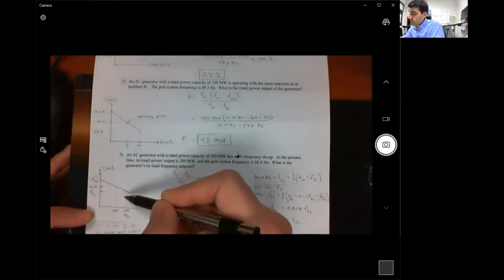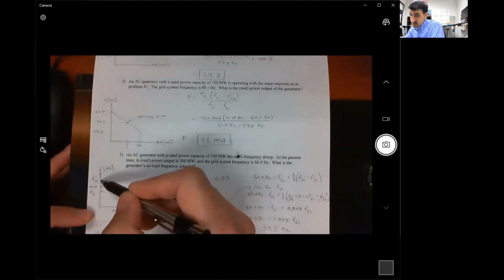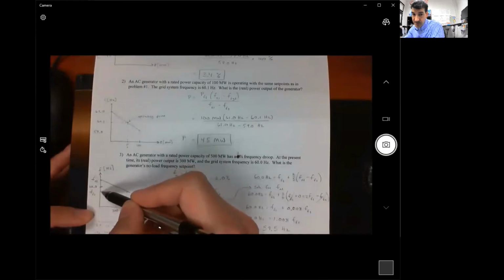We also know that the rated power output, the full power output, is 500 megawatts. But we don't know this no load frequency, and we don't know this full power frequency. But we do know that our power output is 3/5 of the way toward full power output. On the range of 0 power to max power, we're 3/5 of the way along that curve.